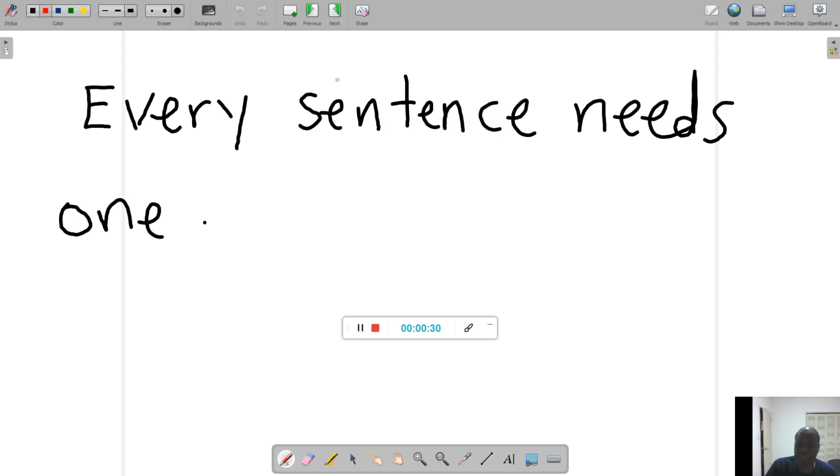Before we talk about a subject, this is something that should interest you: we are saying that every sentence needs one. What does a sentence need? A sentence needs a subject. So every sentence needs a subject.